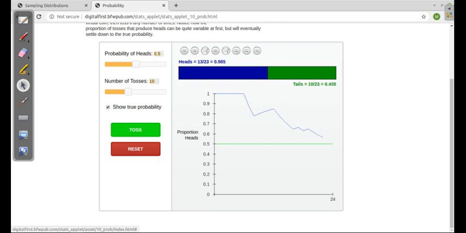Now I am repeating this process many times. You can observe here that initially the number of heads was higher, and it decreased and decreased as I increase the number of experiments.